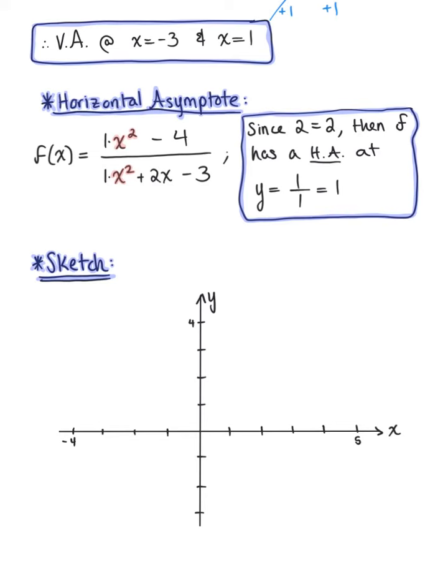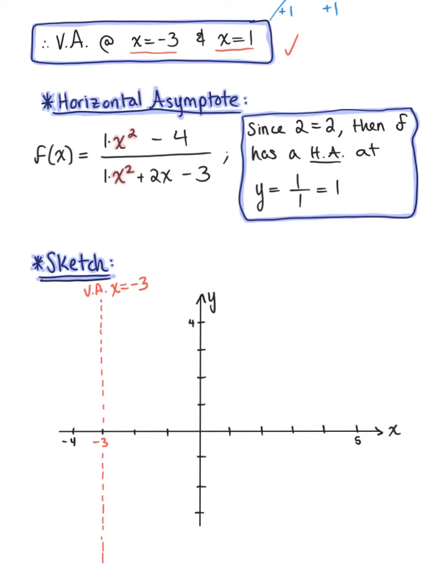Thinking back to our vertical asymptotes, we have two: the first when x is negative 3, and the second when x is 1. Looking at the xy plane, here's where x is negative 3. At this point, we draw a dotted vertical line to indicate that this is an asymptote for our rational function, and we label it VA for vertical asymptote when x is negative 3.